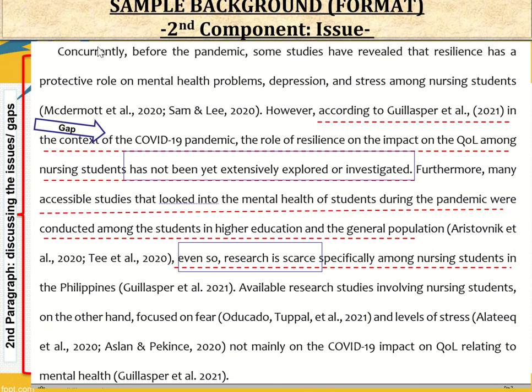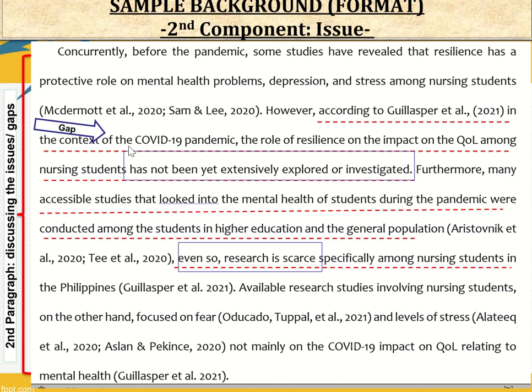So let's read very quickly. Concurrently, before the pandemic, some studies have revealed that resilience has a protective role on mental health problems, depression, and stress among nursing students. However, according to Glasper et al., 2021, in the context of the COVID-19 pandemic, the role of resilience on the impact on the quality of life among nursing students has not been yet extensively explored or investigated.